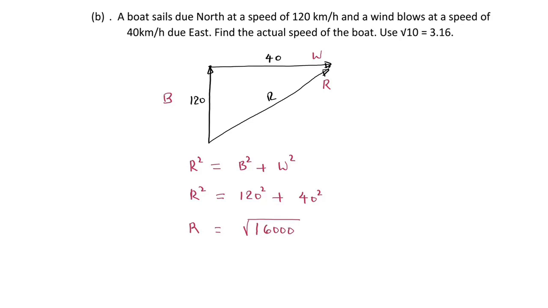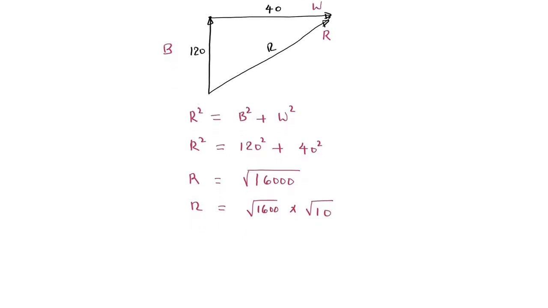We can write R as under root 1,600 times under root 10. From the question, we have been given under root 10 equals 3.16, and also we know that under root 1,600 equals 40.